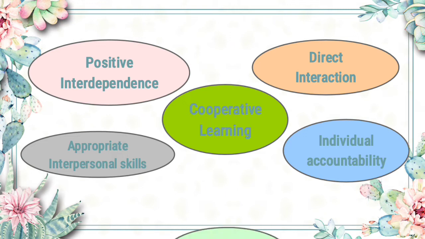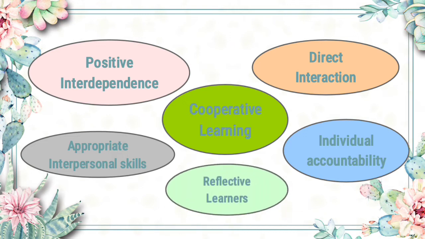And last is reflective learners. The participants become reflective learners as they analyze the outcomes they achieve and how well the group functions. So, those are the 5 basic elements of cooperative learning.